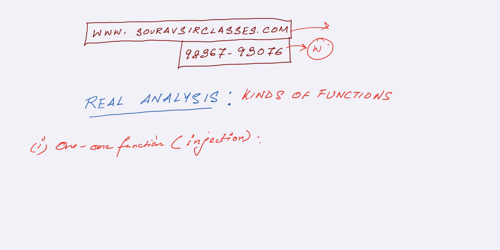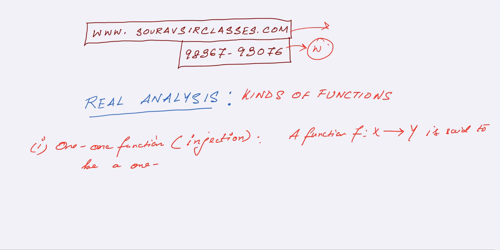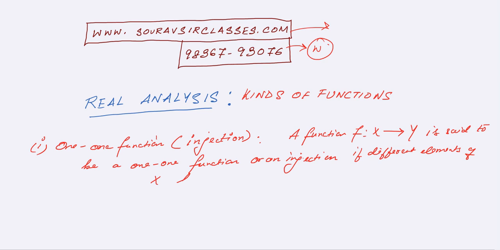A function f from X to Y is said to be a one-one function or an injection if different elements of X have different images in Y.